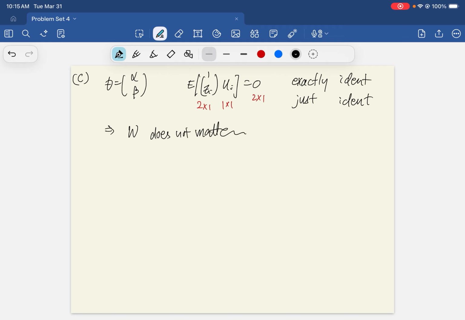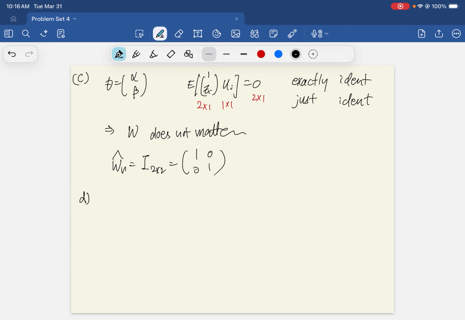That means any weight is optimal, because it does not affect anything. There is no difference. So I suggest the 2 by 2 identity matrix. That is my suggestion. You may think about any other symmetric and strictly positive definite matrix. That's also okay. That is also optimal. But of course, you don't need to make it more complicated.